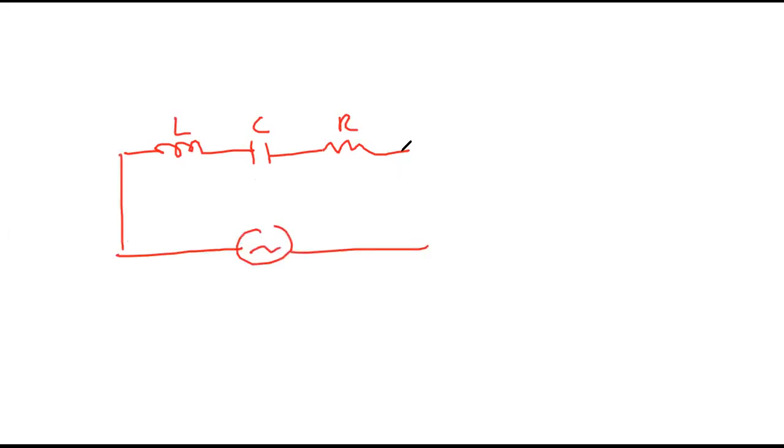Diagram everybody has done? This was the diagram: inductor, capacitor, resistance, with an alternating source.